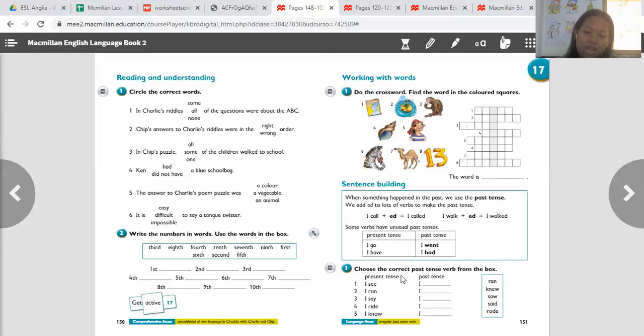Present tense, we have I see, I run, I say, I ride, I know. The past tense, we have the word in the box. Which words stay in the correct words?